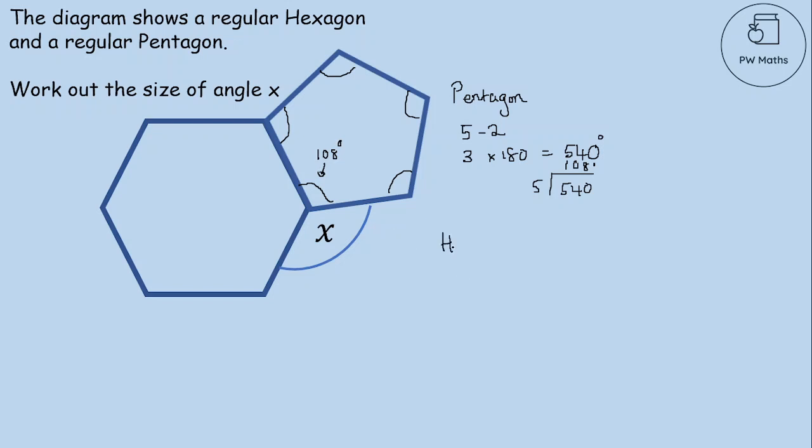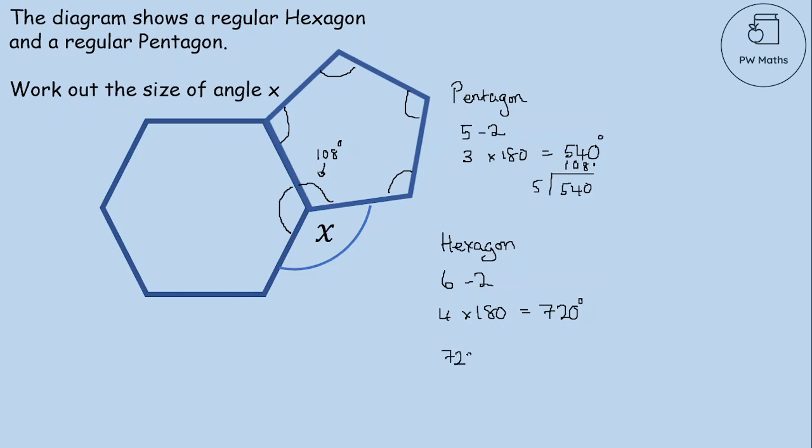Let's look at our hexagon now. I've got 1, 2, 3, 4, 5, 6 sides, so I'll have 2 less triangles. 4 times 180 for an interior total of 720 degrees. Looking for this angle here, but I can see I've got 1, 2, 3, 4, 5, 6 angles in total on the inside.